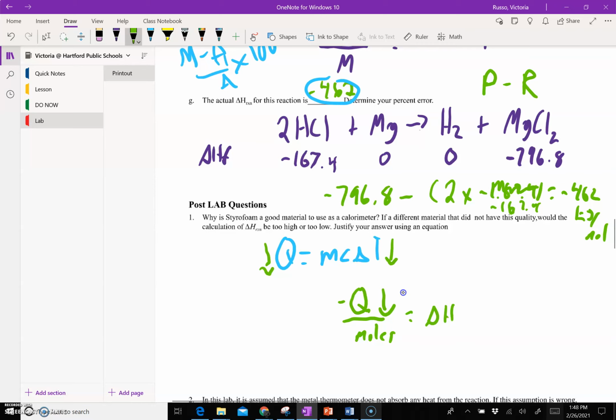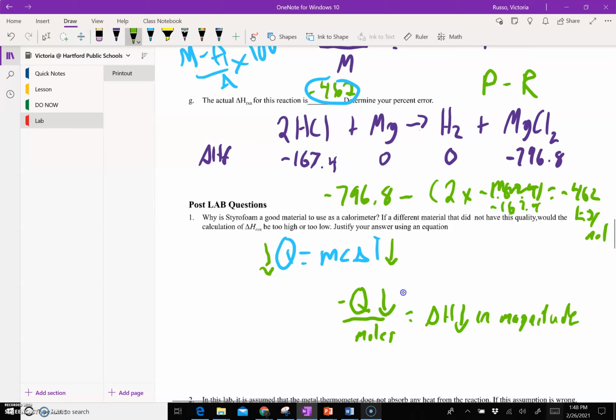But it's negative, so when it's too low, it actually makes the number too high. So in order to solve that problem of the negative messing it up, yes, delta H is going to be lower in magnitude. That takes care of the sign. It's going to be less negative. But that less negative number is actually higher.